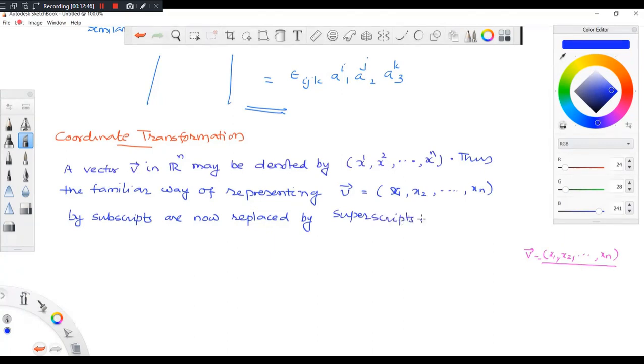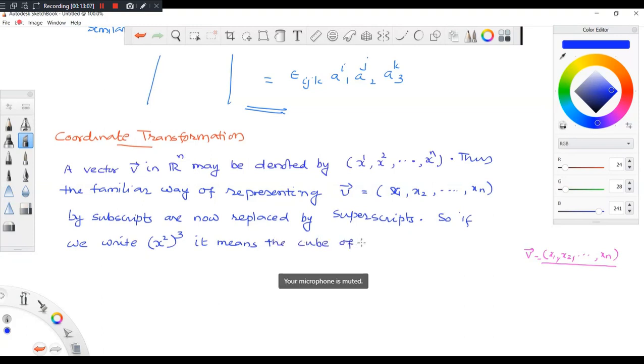So if we write x square whole cube, it means the cube of the second component of the vector v bar.